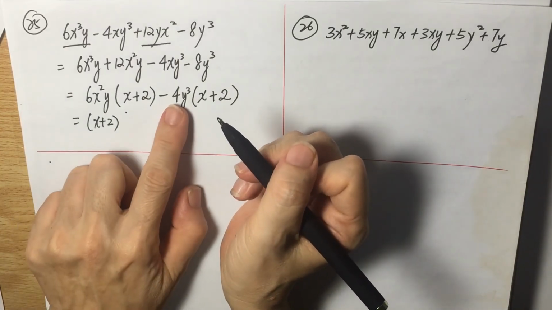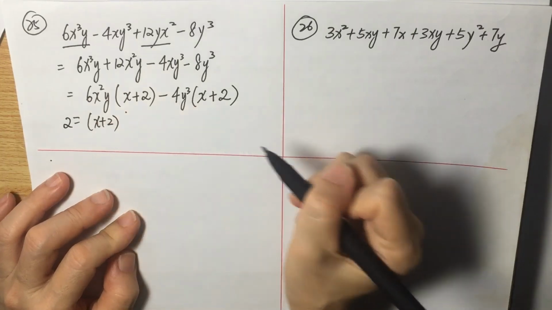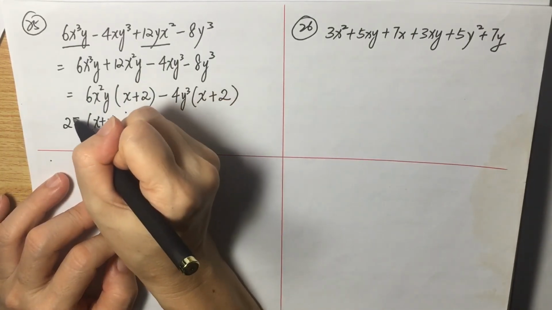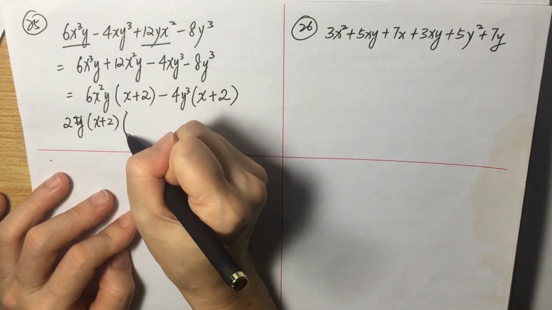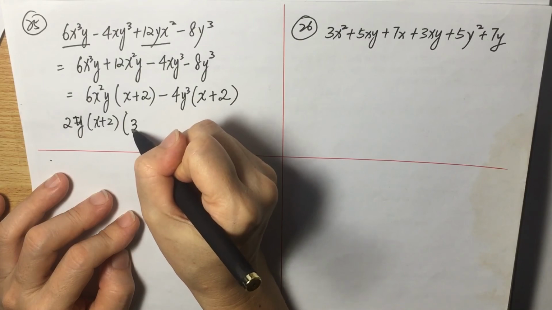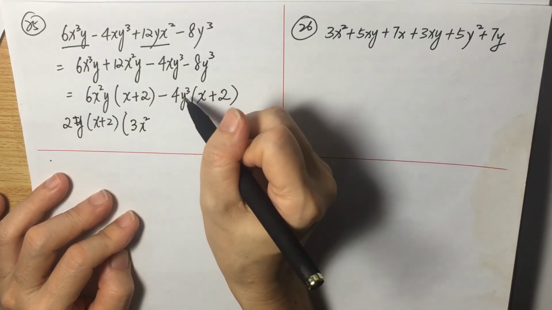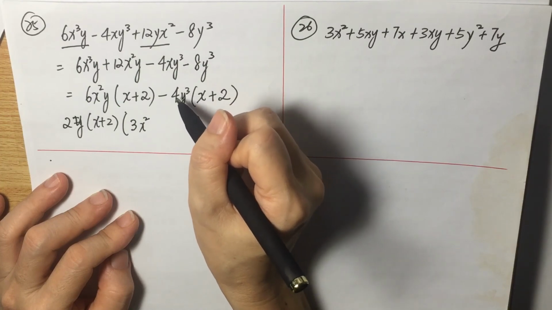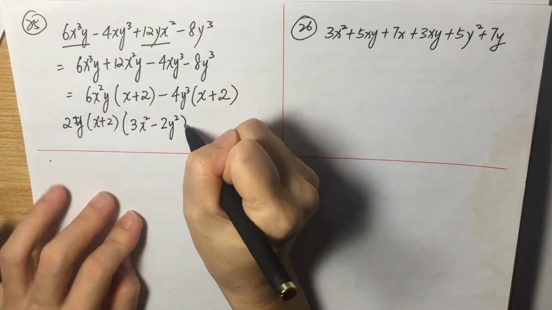Okay, not only that is common, 2 is common too. Y is common also. So 2y. If 2y is taken out, here you have 3x squared, and this one minus 2y squared.